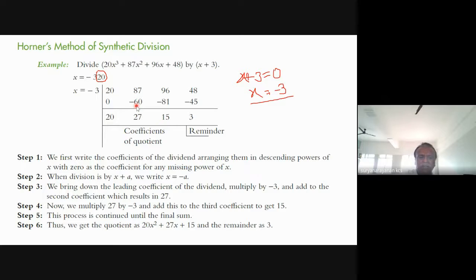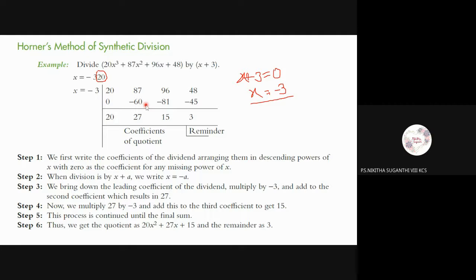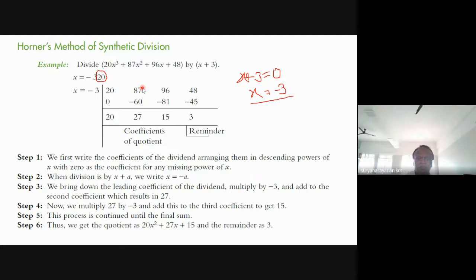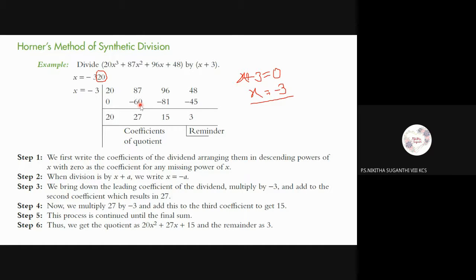In the second horizontal line, just below the second number, 87, we wrote minus 60. Now, 87 minus 60. What will you get? 27.